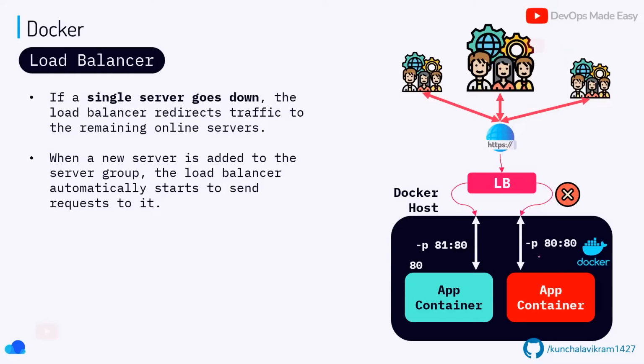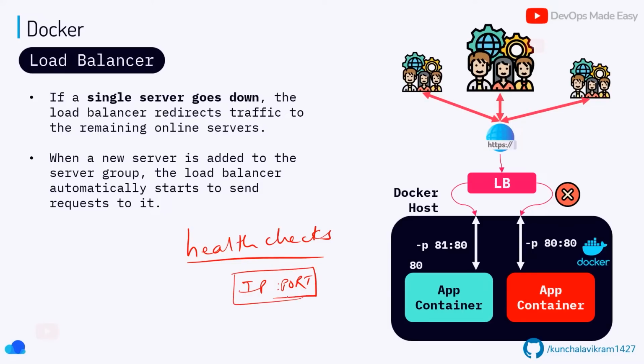Guys, so it will run some polling health checks. Okay. Health check in the sense it can be anything. It can be talking to the application over its IP address and port. Okay. So it will try to reach the container or the server on the specific IP address and port.